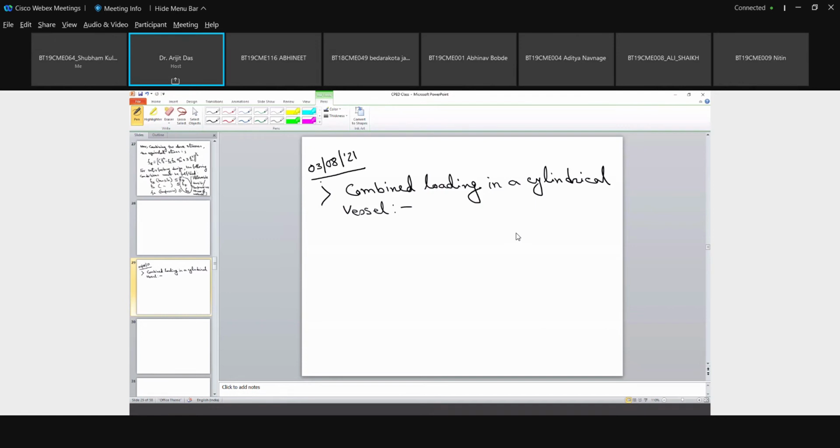So we also make a resultant force, that is nothing but Fa equal to F1 plus F2 plus F3. Compressive stress notation is minus and tensile stress notation is positive. So this is the resultant of all the loads in the axial direction.